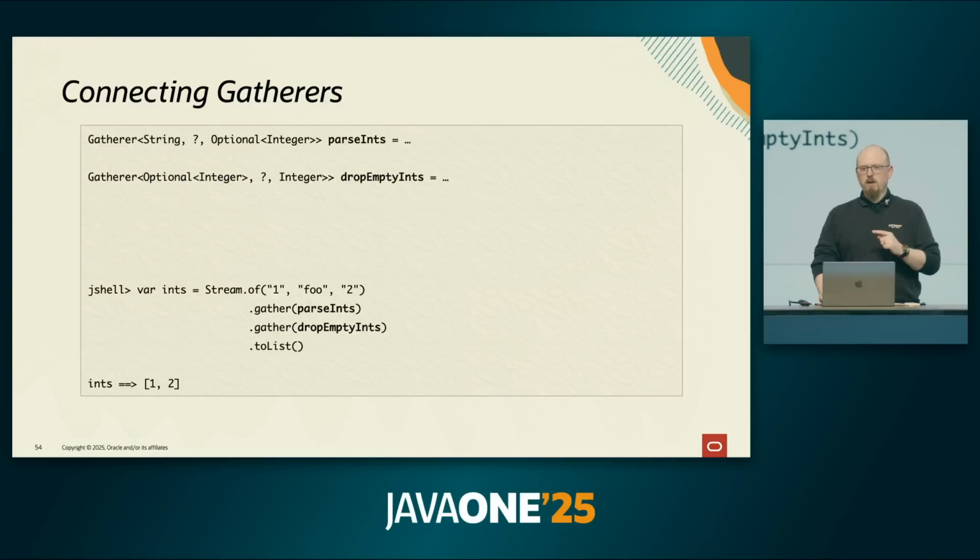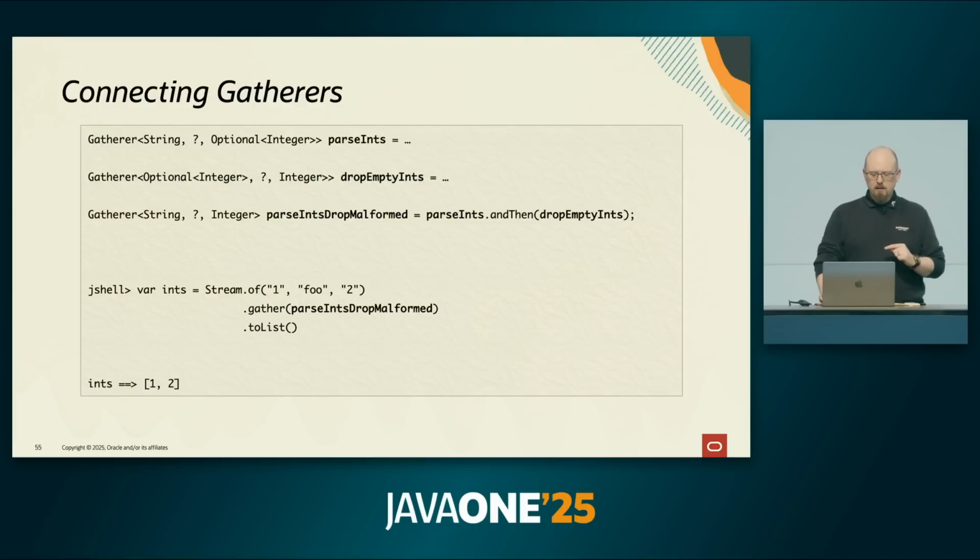Two consecutive gathers here are equivalent to combining the first gatherer with the second gatherer. So you can take one gatherer and make it more sophisticated by combining it with another, but it still looks very simple. First, you have string to optional integer, and then you have optional integer to integer.